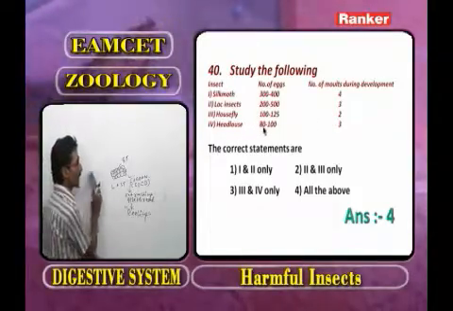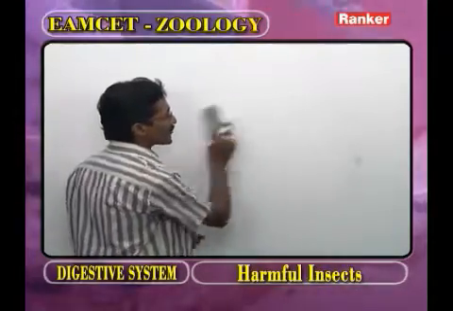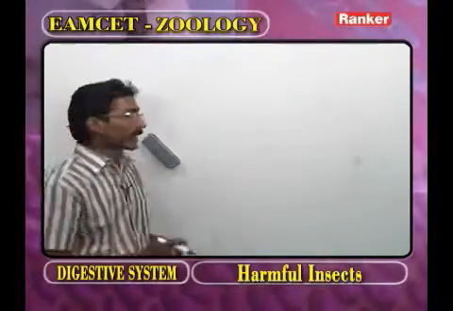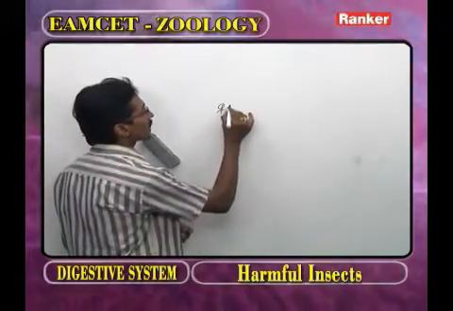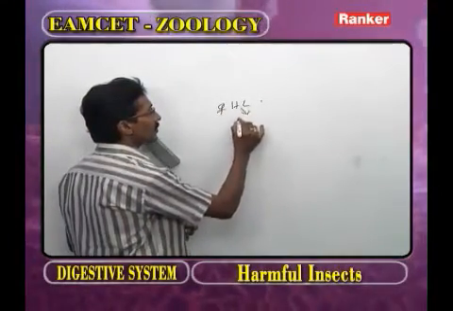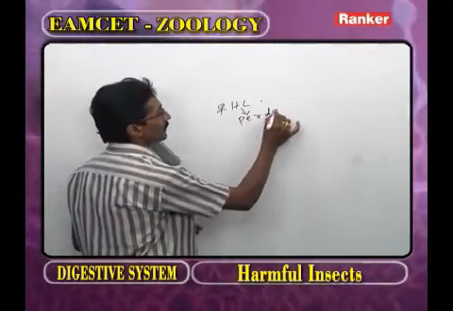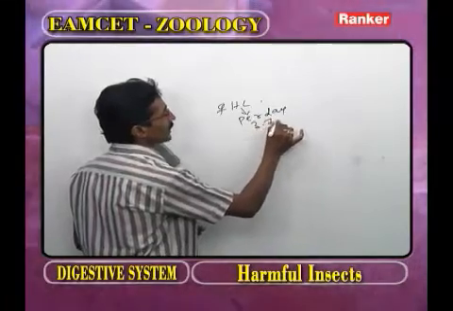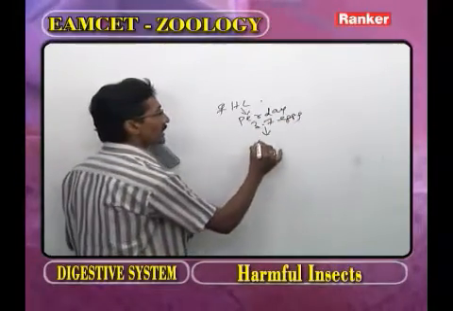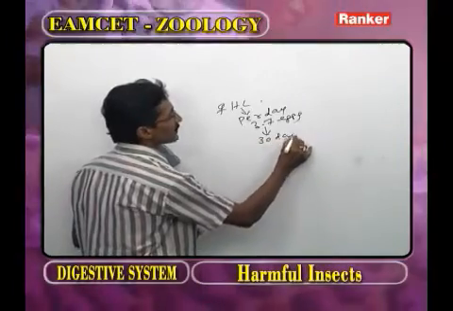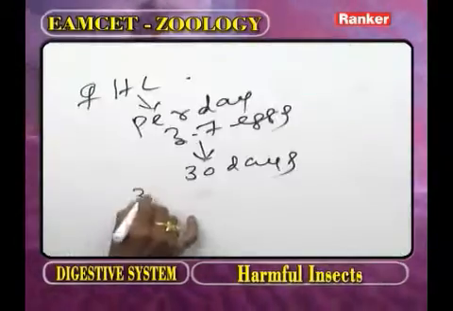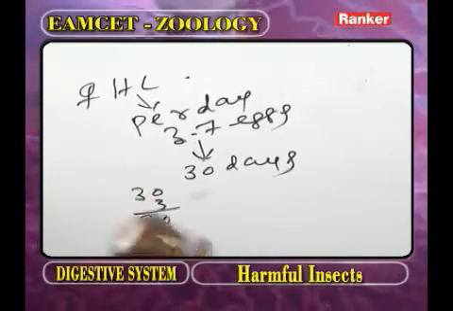Now the last one is headlouse. As we observe the headlouse, the female releases how many eggs? 80 to 100. Now the female headlouse per day releases 3 to 7 eggs. How many days does it release eggs? 30 days. Now per day 3 eggs, 30 into 3, 90.